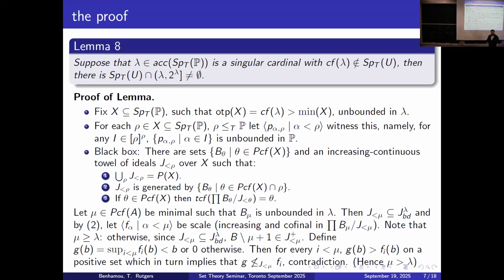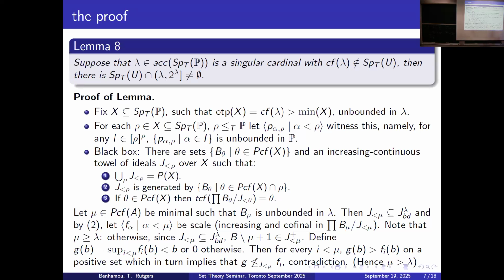So B intersection mu is definitely bounded. So if that wouldn't be positive, it would be here, so it would be bounded as well, and then B would be bounded. Okay, so it must be the case that this is positive with respect to the ideal.